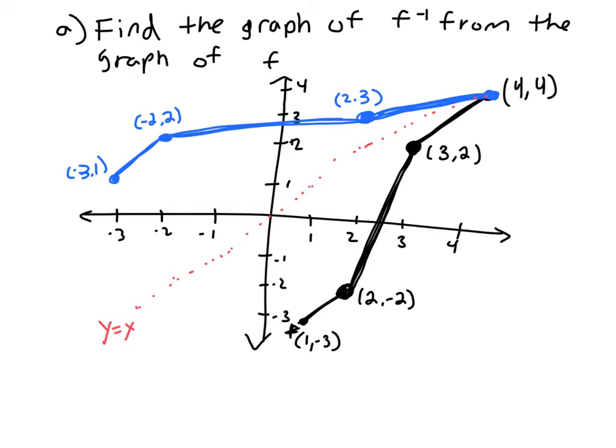So what you see is that the inverse function, which is this blue line, is basically a reflection over the line y equals x. If you just think about folding the paper here and putting the function on the other side, that's how you get what the inverse function looks like.